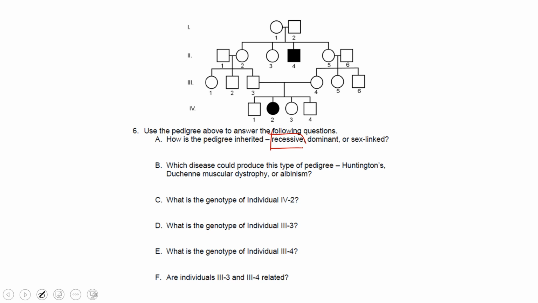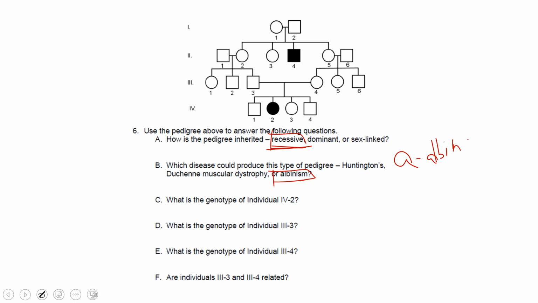Which disease could produce this type of pedigree? Huntington's, muscular dystrophy, or albinism? Well, Huntington's was a dominant condition. Muscular dystrophy was sex-linked. Albinism was our example of a nice autosomal recessive condition. So since this can be albinism, I'm going to use A's to indicate everything here. Now, since we said right here that this is a recessive condition, lowercase a equals albino.